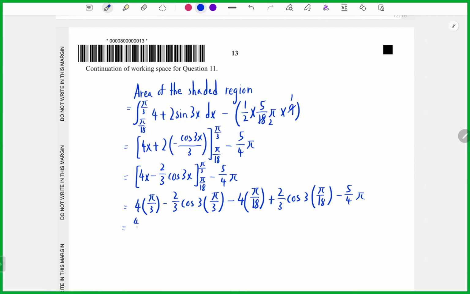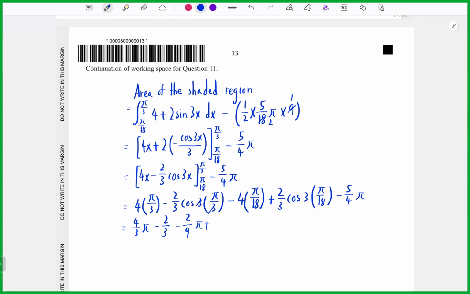So here you get 4 over 3 pi minus 2, and 2 over 3 cos pi. You will get negative 2 over 3 minus 4 over 15 minus 2 over 9 pi plus 2 over 3 cos 3 multiply 1 over 15 pi.